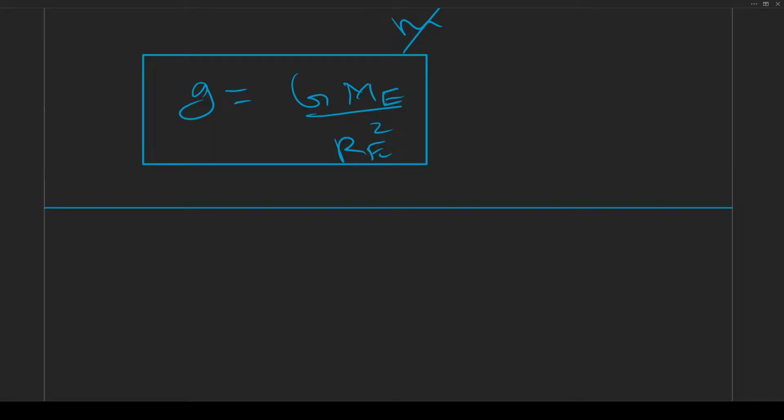Now let's consider a point mass at a height h. The first case is above the surface of the Earth. What is the acceleration due to gravity experienced by a plane that is flying in the sky? That kind of question. Consider a point mass m at a height h above the surface of Earth, as shown in figure 7.8a.